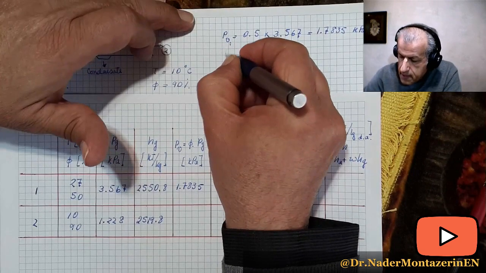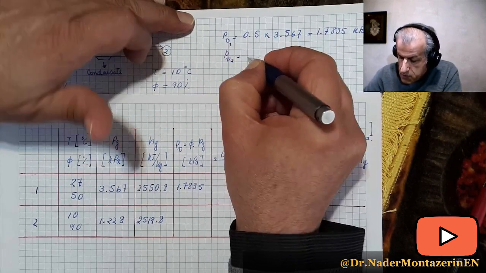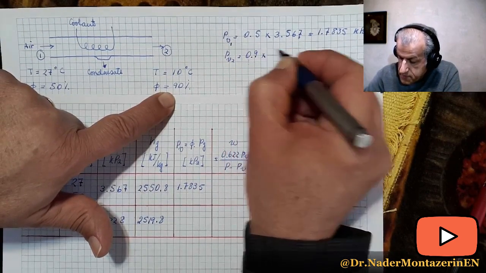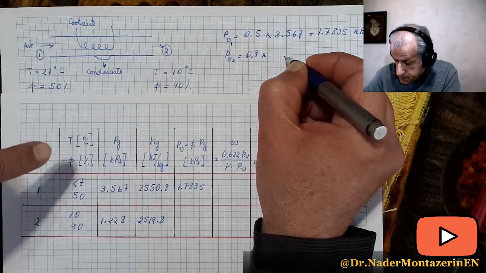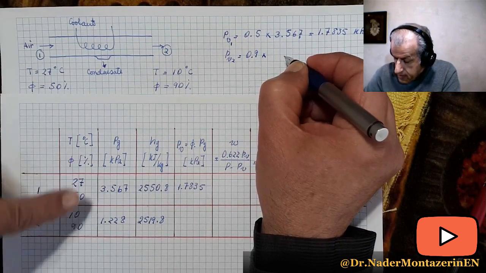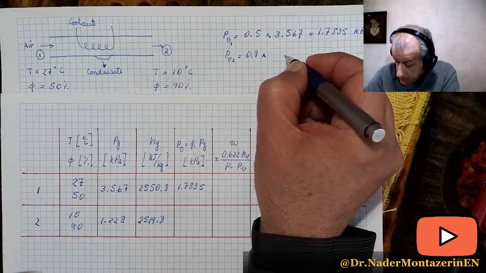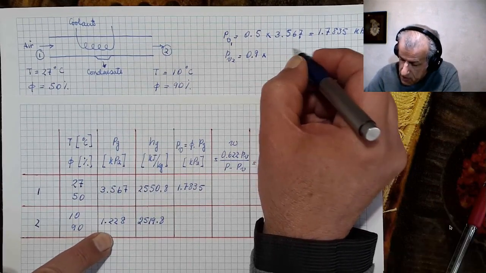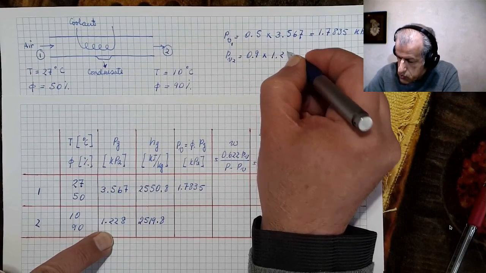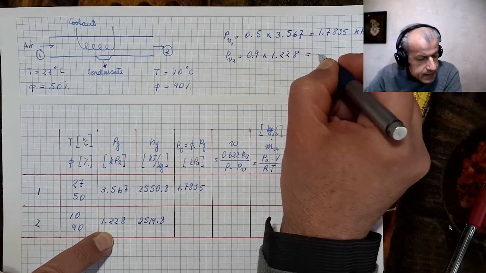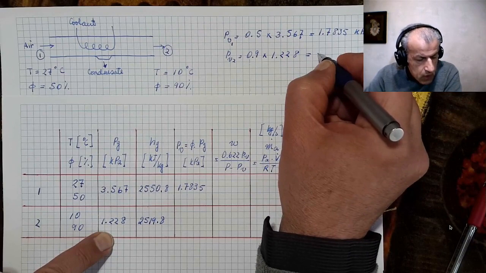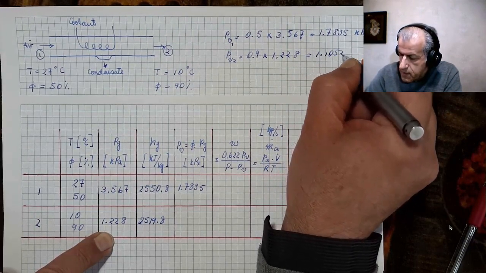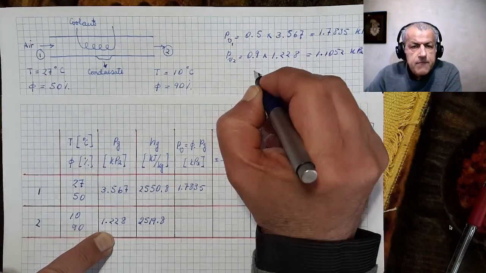And the second case, PV2 would be 0.9 times the saturation pressure at that temperature, which is 1.228, and that would be 1.1052 kilopascal.